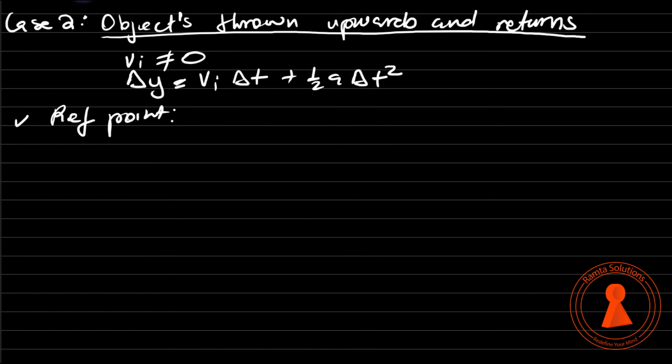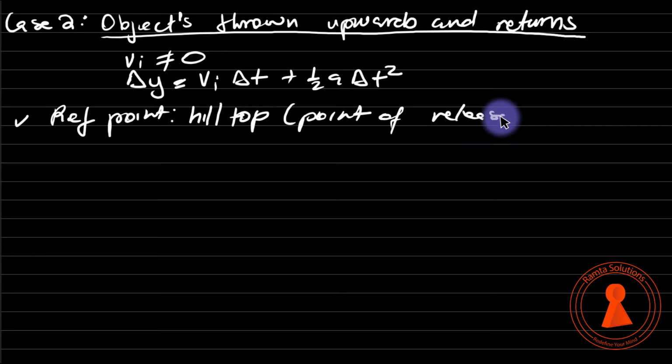I'm going to stick to hilltop, i.e. point of release. So when upwards is positive and downwards is positive.